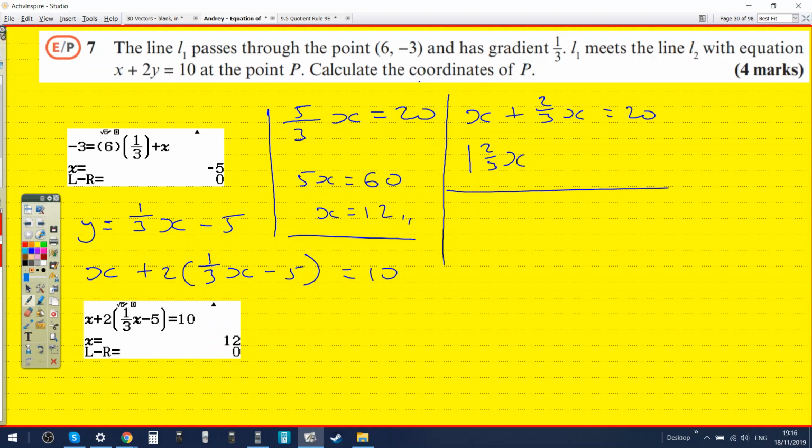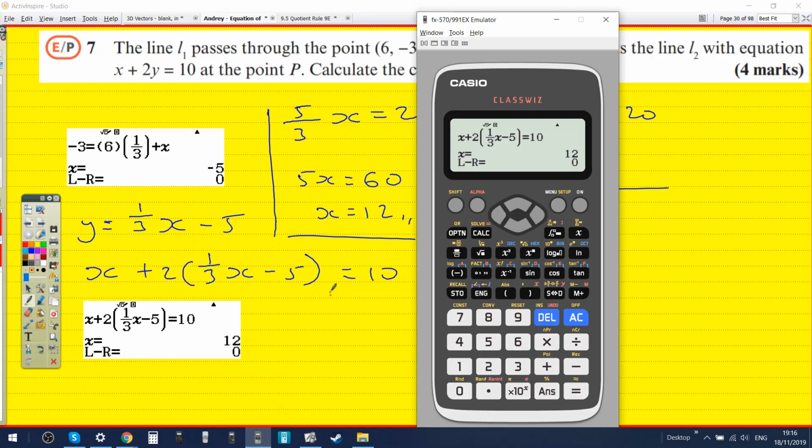They want the coordinates of P. So now I need to sub in 12 to find y. So do I just need to do 12 plus 2y equals 10? Oh, yeah. If only we had an equation where y was the subject. That means we definitely do.